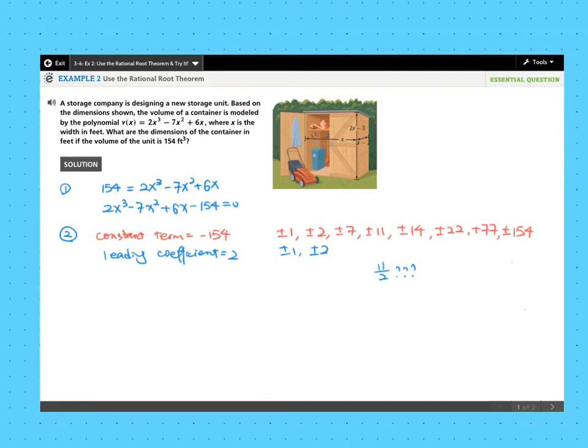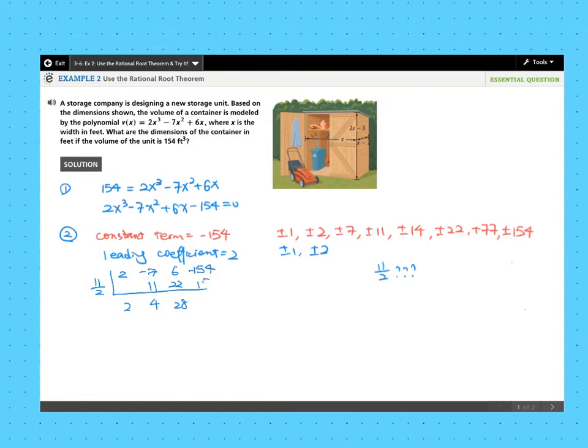Remember, we do this with synthetic division, so we have to take the coefficients down. And then my factor is 11 over 2. So the first leading coefficient comes down. And then this would be 11. That's 4. 4 is 22. That's 28.